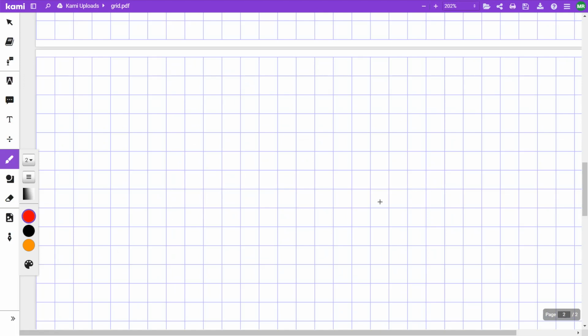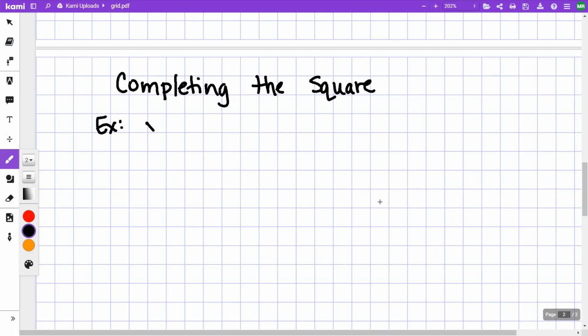So this is going to be completing the square. Okay, so let's say that I'm doing a problem like the following. x squared plus 6x plus 41 is equal to 0.